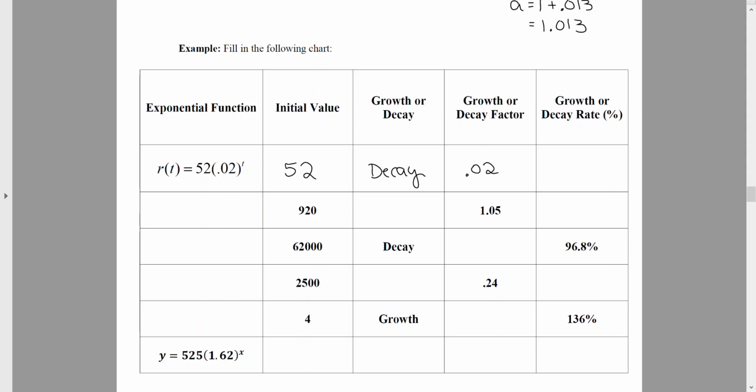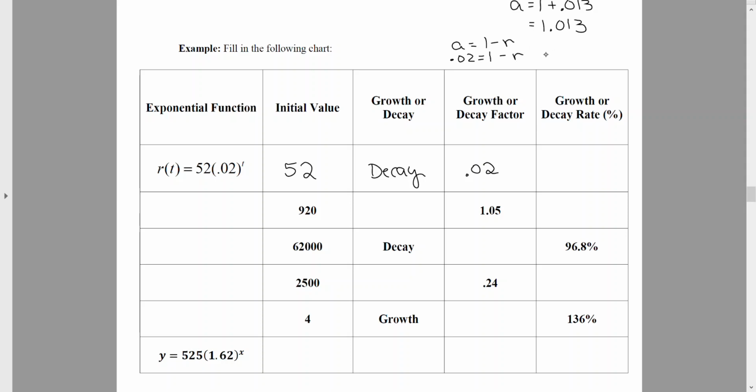We already said this is decay, so our formula for A was this: A equals 1 minus R. Well, I know what the factor is. It's 0.02 equals 1 minus R. So I can solve for R to get the rate.